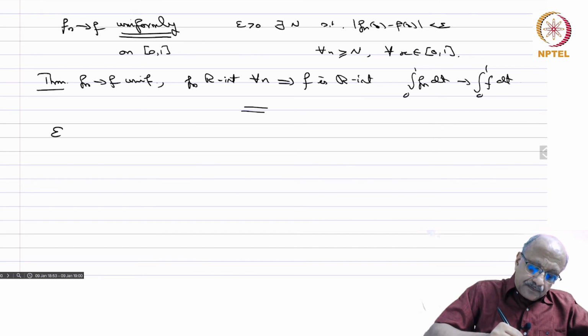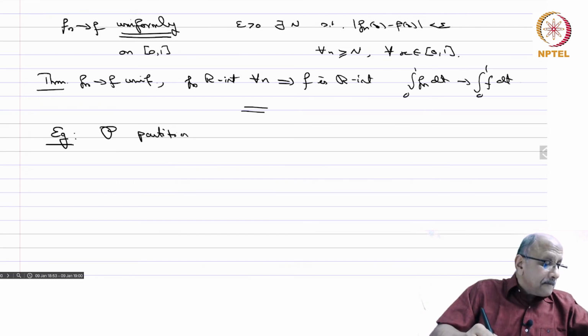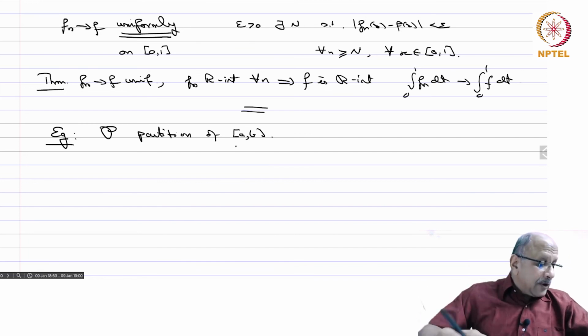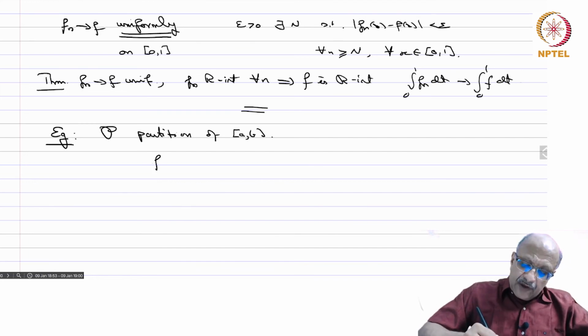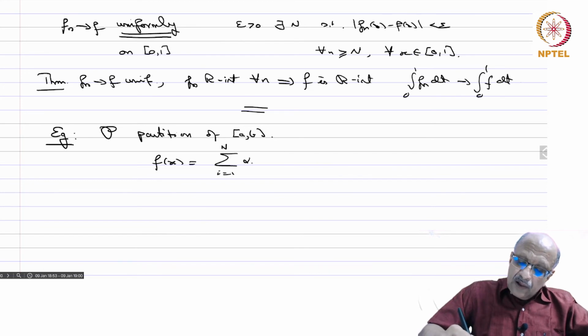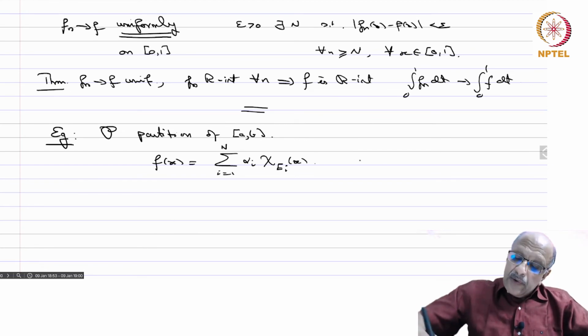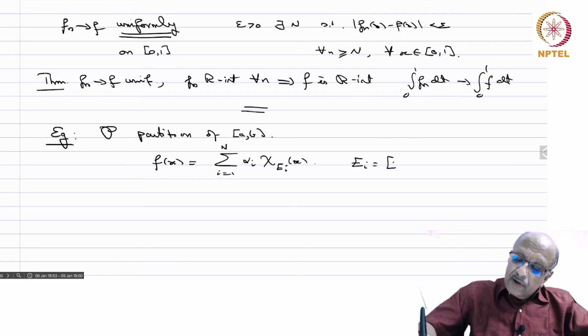Let us take P to be a partition of [a,b], and take f(x) to be the following function: the sum for i equals 1 to n of alpha_i times chi of E_i, where E_i is the interval [x_{i-1}, x_i].